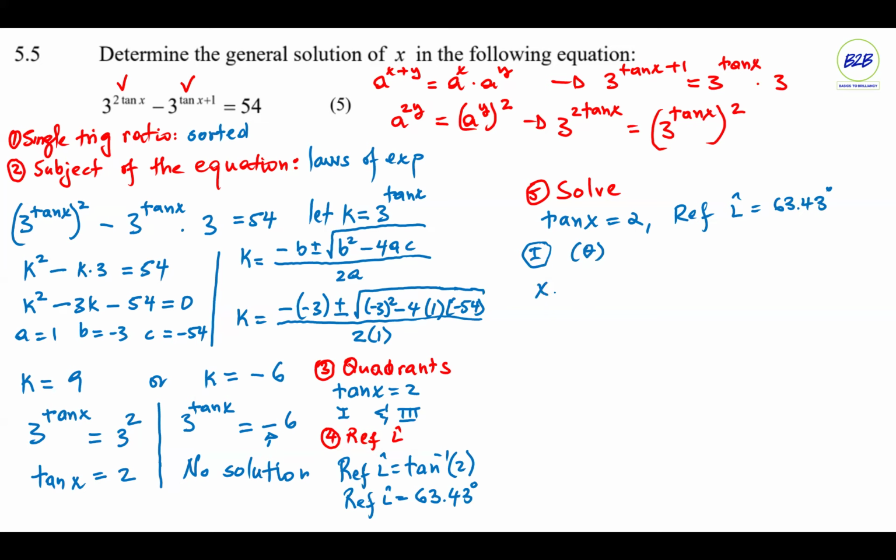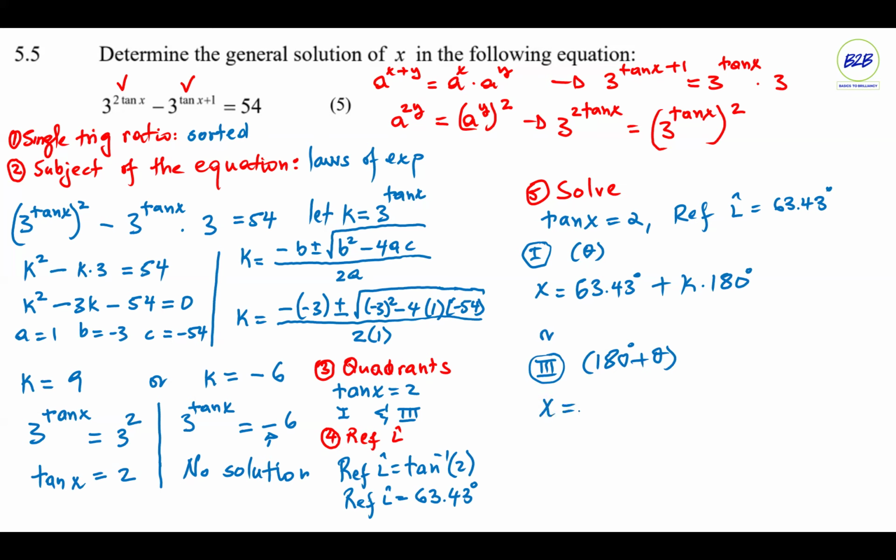Then we will say x is equal to theta, the reference angle, 63.43 degrees plus k times 180 degrees. Why? Because we're dealing with tan. Or which other quadrant? It would be the third quadrant, in which we have 180 degrees plus theta, where theta is our reference angle.